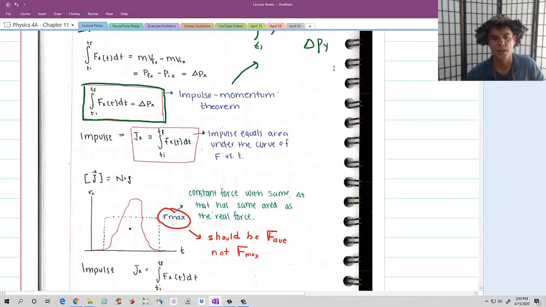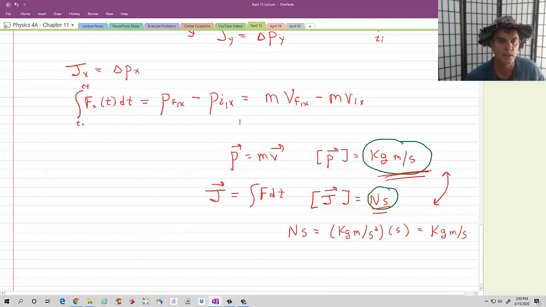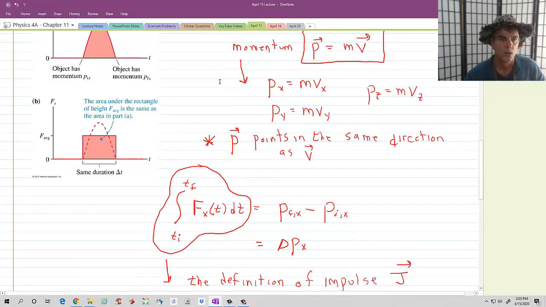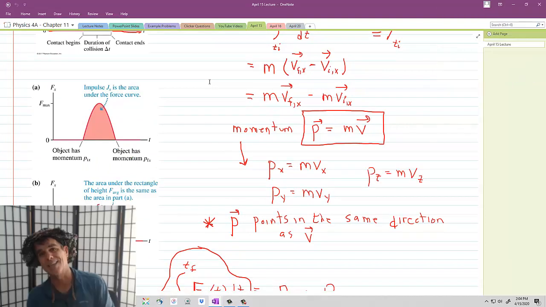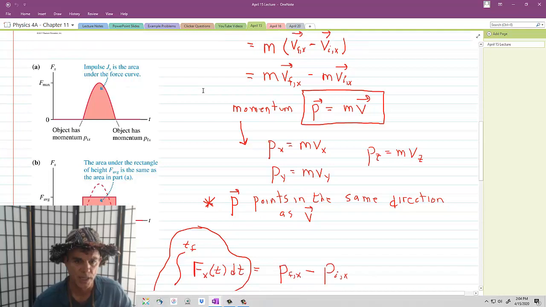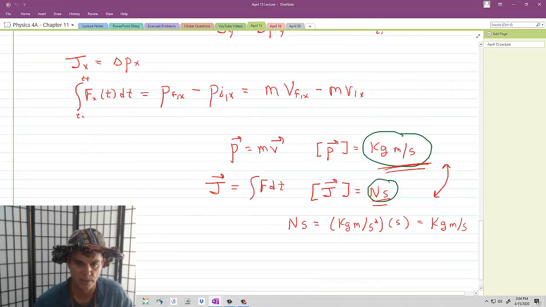So one last thing. Oftentimes, rather than looking at the area under the curve of F versus t, what we want to look at is the average force. And so there's another equation for impulse. Let me just write it down here.